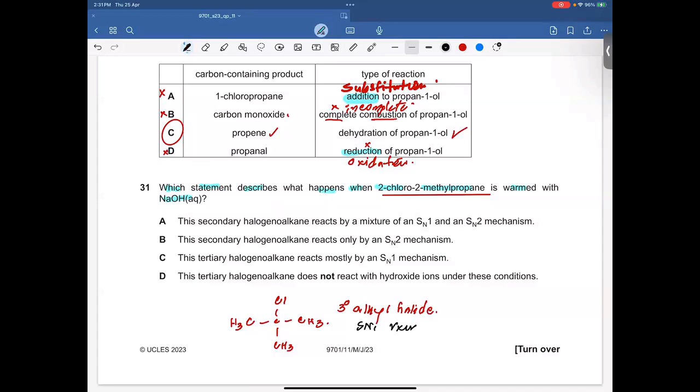And an SN1 reaction is always a 2-step reaction. An SN1 reaction is a reaction in which tertiary carbocations are formed. And tertiary carbocations are stabilized through the positive inductive effect of alkyl groups. That means option B is incorrect.